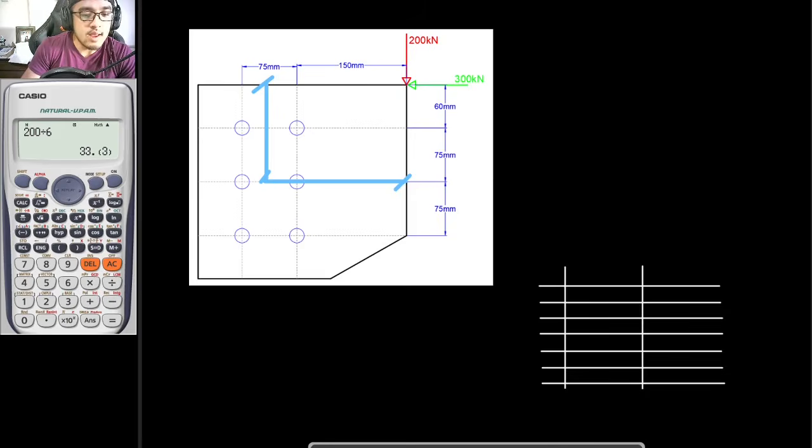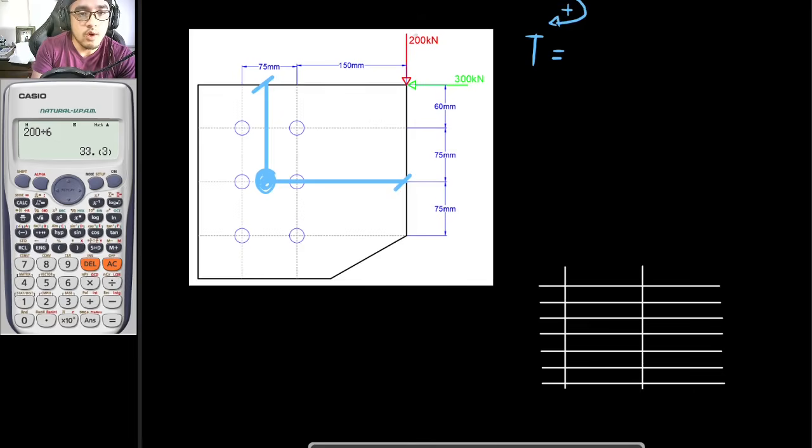So let's abbreviate it as T, or torsion. So torsion about the centroid. Let's get the moment about the centroid, and let's say that clockwise is to be positive.